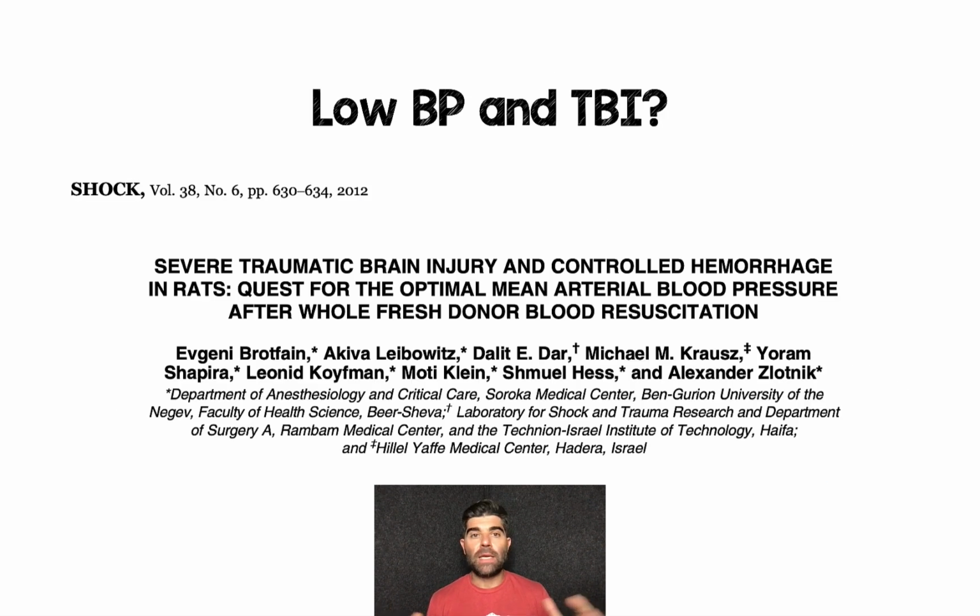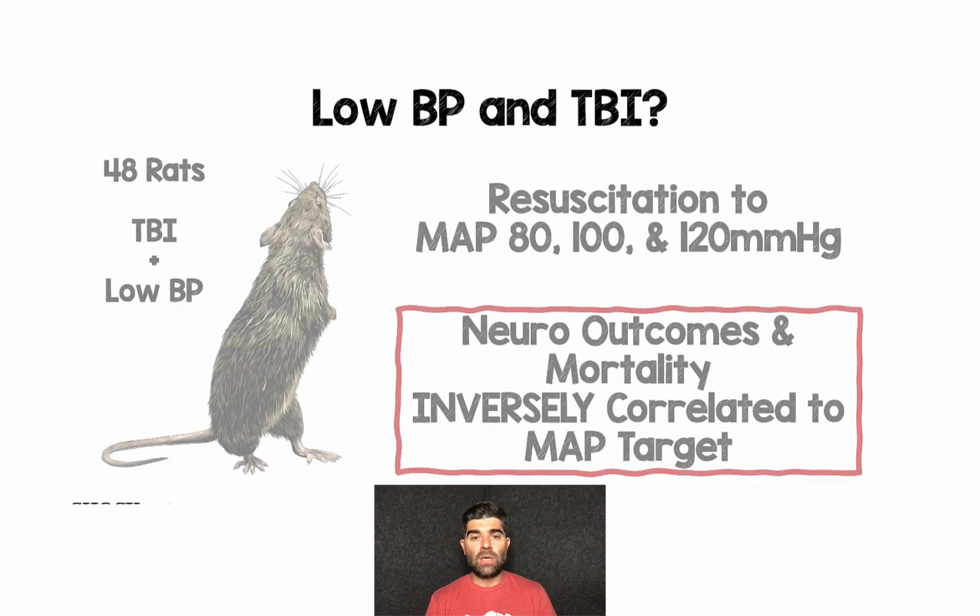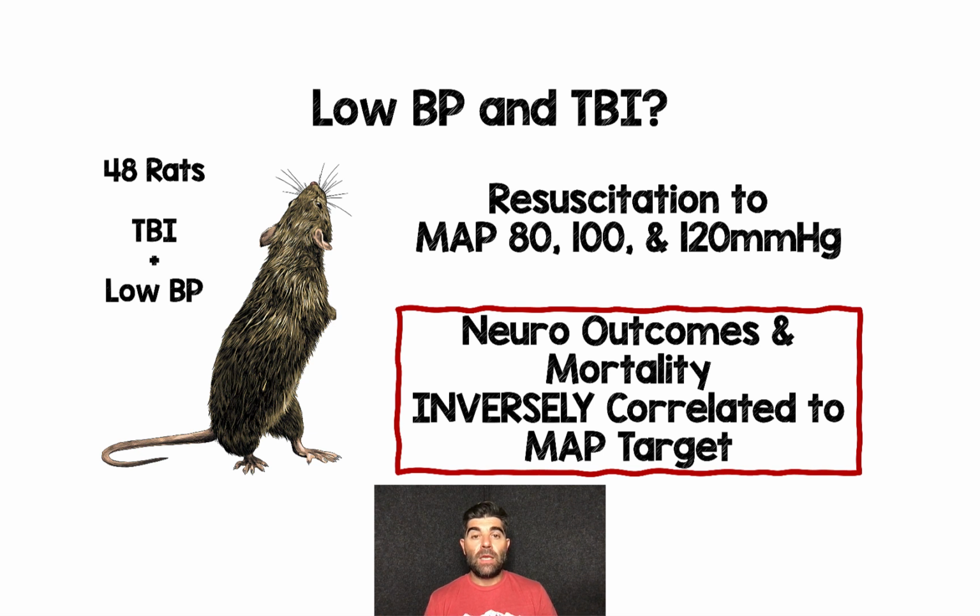Now, I told you I'd come back to this, what we target in traumatic brain injury patients. And I pulled 2 papers on this. The first one was just in rats, which are not humans, but this was an interesting study because what they did is they took 48 rats, they gave them iatrogenic brain injury, and then they bled them out to give them a low blood pressure.